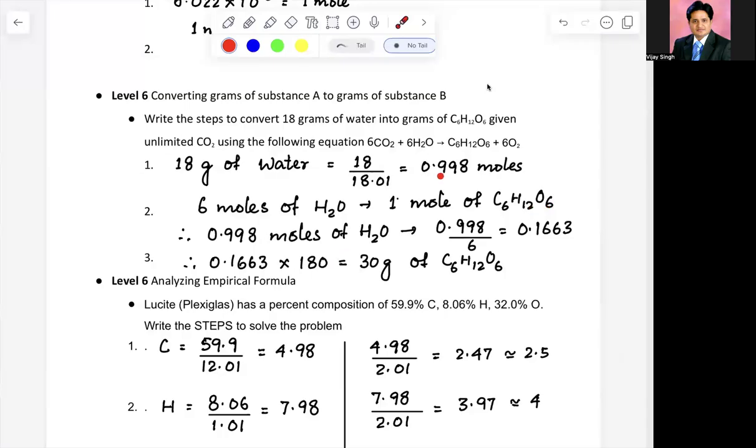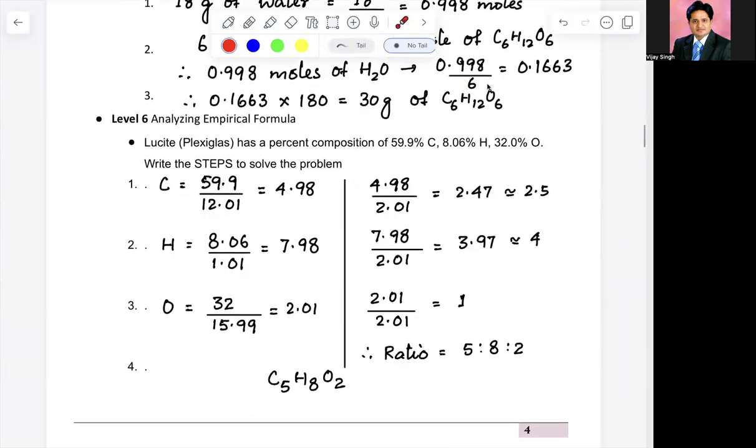So you are supposed to find how many moles of C6H12O6 0.998 moles of water will give you. That would be 0.998 divided by 6, which is 0.1663. And since they're asking you to calculate the mass in grams, you multiply the number of moles by the molar mass, which is 180, and that gives you approximately 30 grams of C6H12O6.